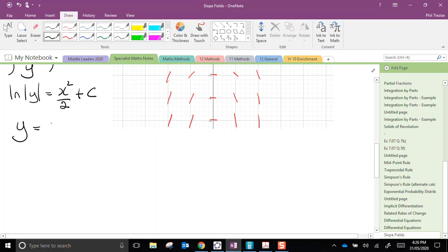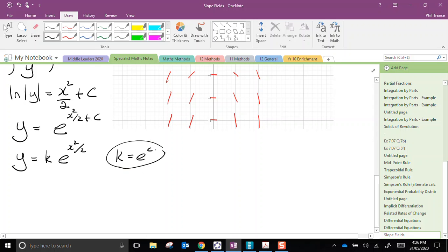Writing this as an exponent, we would have e to the power of x squared over 2 plus c, and that's best as a constant multiplied by e to the x squared over 2, and our constant here equals e to the c. So that's just a convenience. So this is an arbitrary value here.